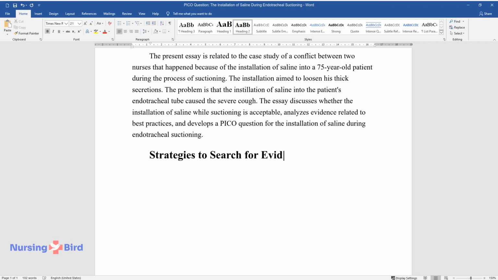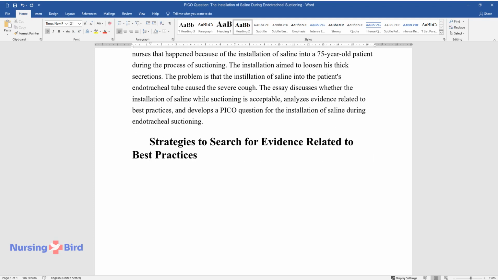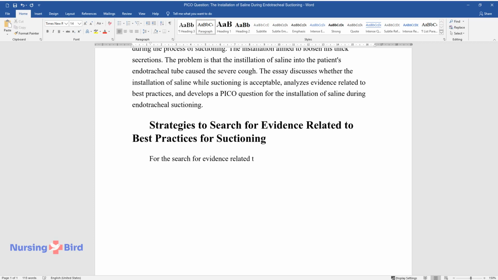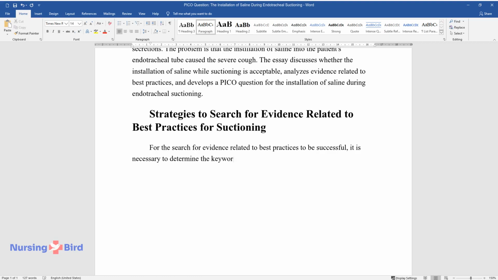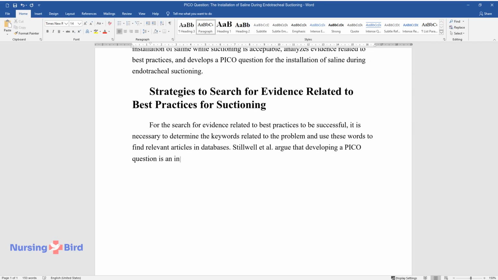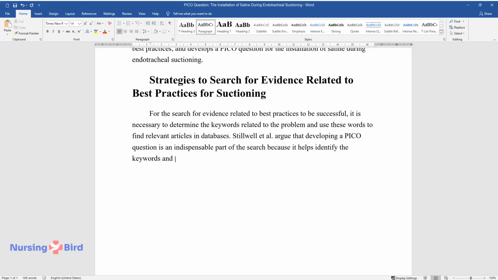Strategies to search for evidence related to best practices for suctioning. For the search for evidence related to best practices to be successful, it is necessary to determine the keywords related to the problem and use these words to find relevant articles and databases. Stillwell et al. argue that developing a PICO question is an indispensable part of the search because it helps identify the keywords and determine the level of evidence needed.